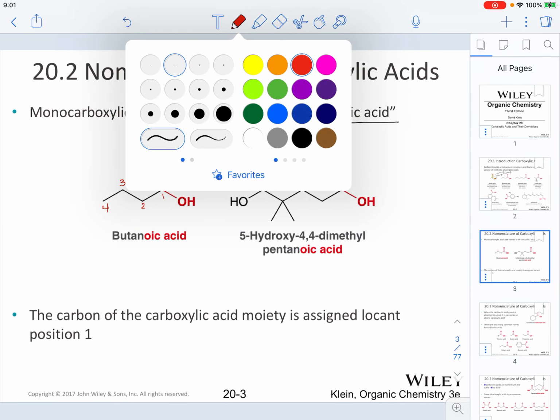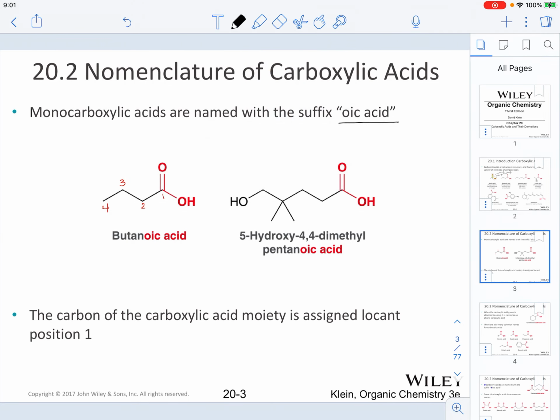In essence, you can write the alkane name for it, and then erase the E in the alkane name and include the ending oic acid. And that's where the name butanoic acid comes from.